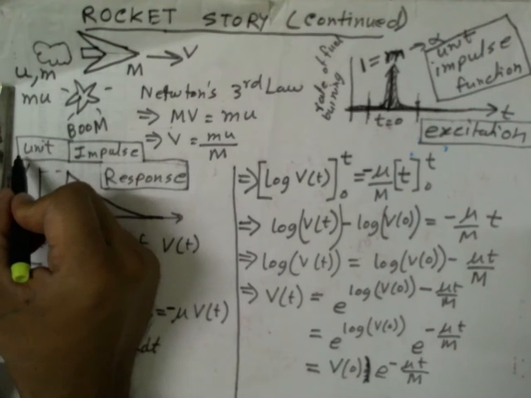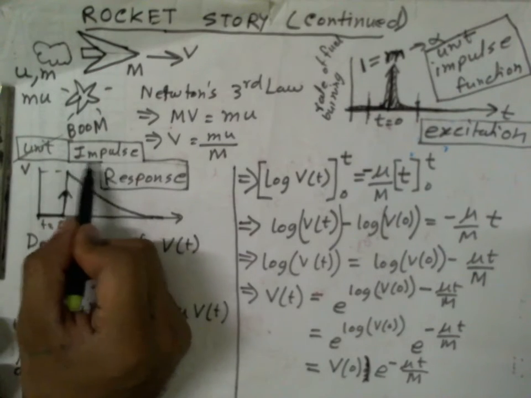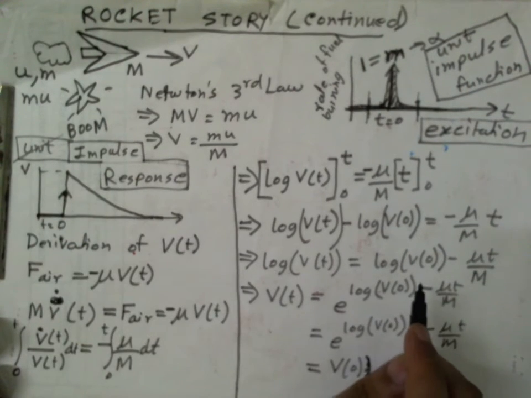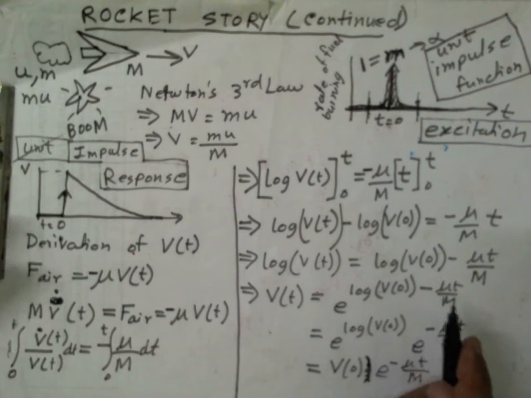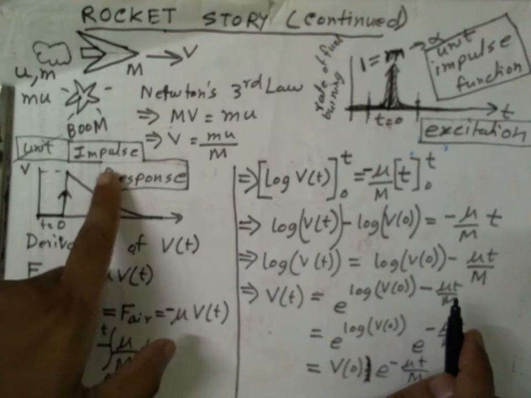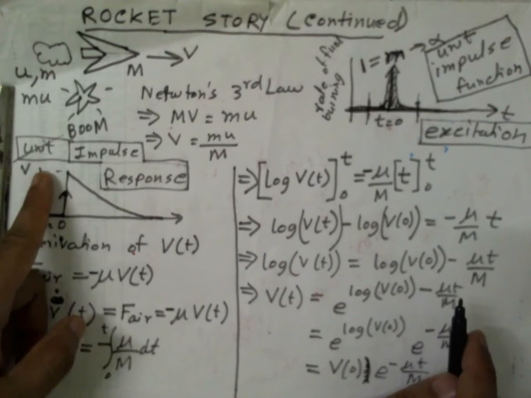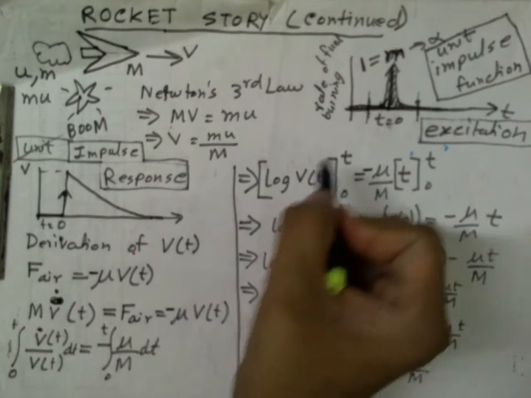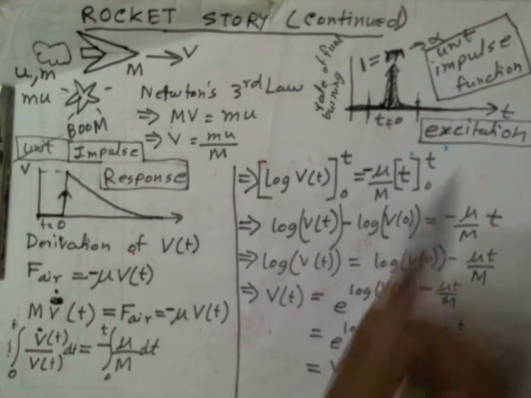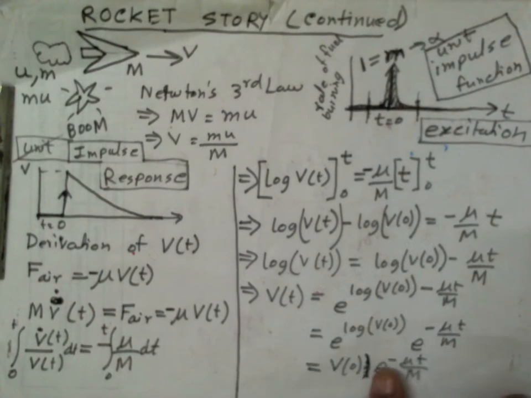Sometimes the term unit is not mentioned and we only call this an impulse response, and the word unit is implied, it's taken for granted. If you just say impulse response, it often means unit impulse response or the response to a unit impulse function. Okay, so now let's move on.